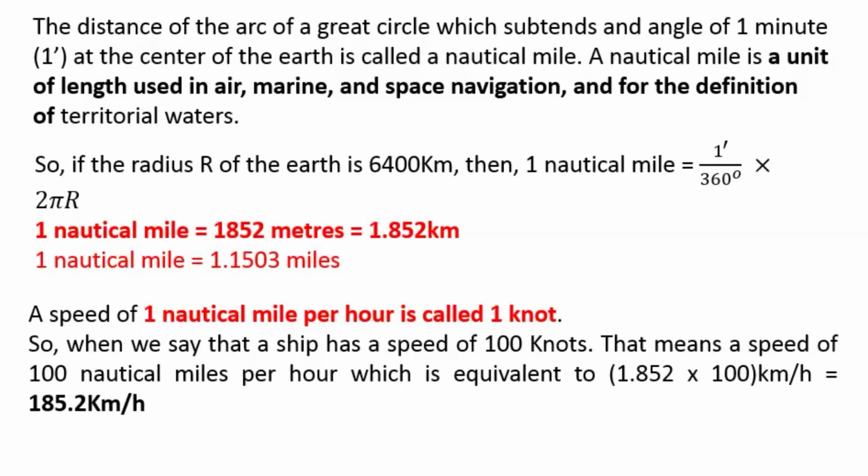It was proven and discovered that 1 nautical mile is 1,852 meters, which is the same thing as 1.852 kilometers. And also 1 nautical mile is approximately 1.1503 miles. You see, it's a little bit higher than the miles we used to know.